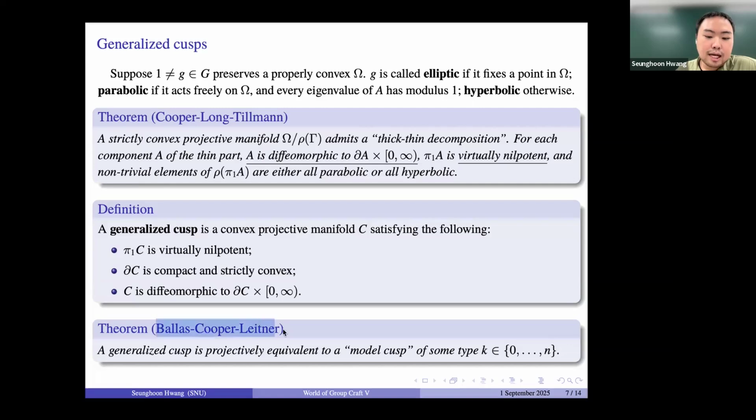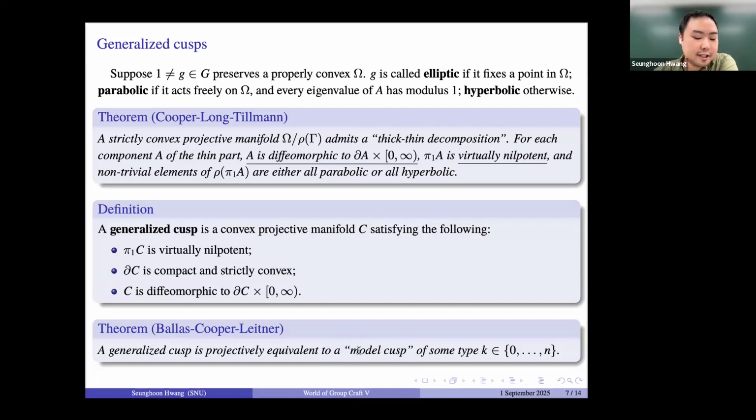What Ballas, Cooper, Leitner found out is that this rather complicated definition can be replaced with very concrete objects. That is, a generalized cusp is always projectively equivalent to some cusp of some type. I will informally call them model cusps here. And each model cusp has an integer which describes its type.